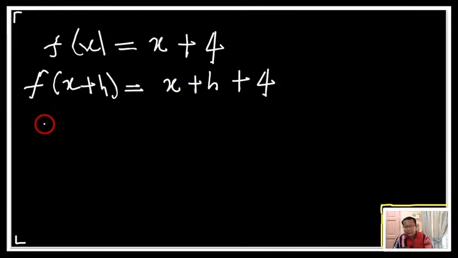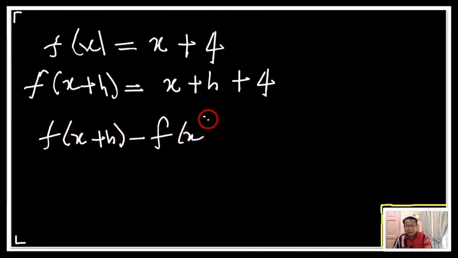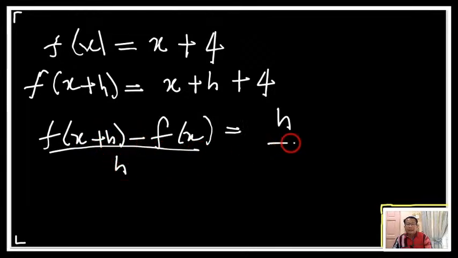So this one is f(x plus h) minus f(x). You get x plus h plus 4 minus x minus 4. x minus x is 0, 4 minus 4 is 0, you get h, divide by h, so this one you get equal to 1.